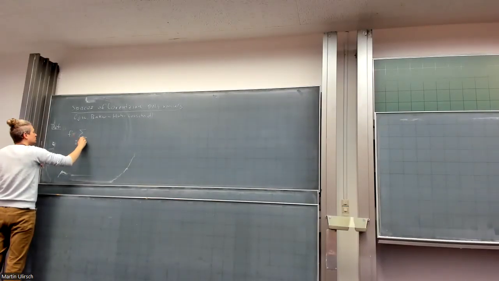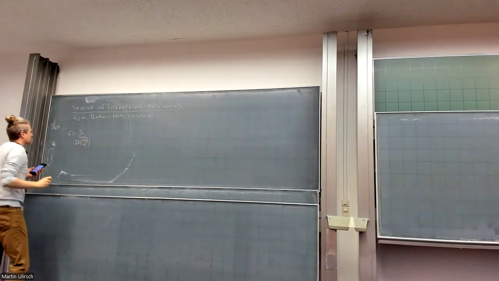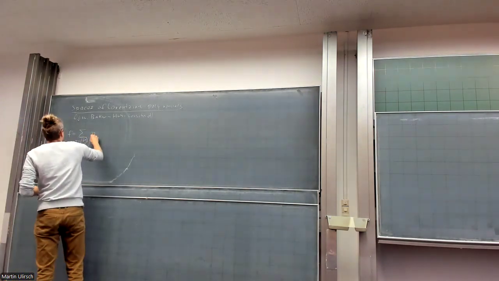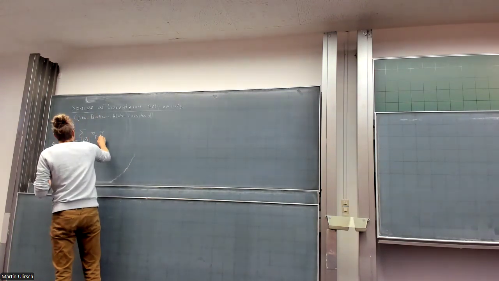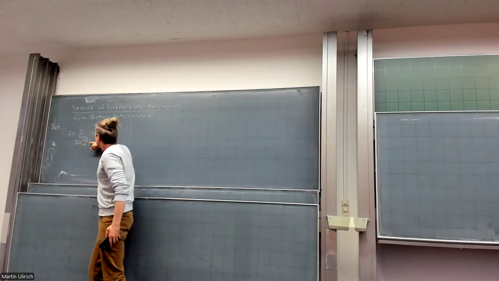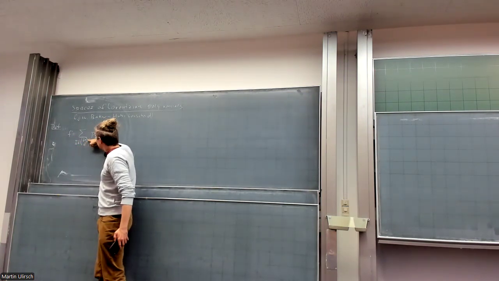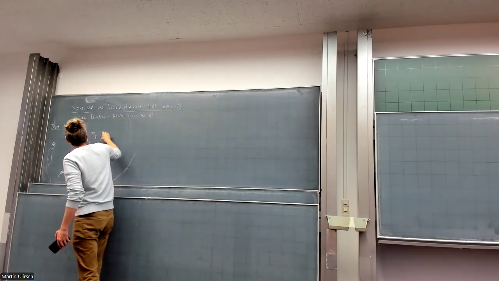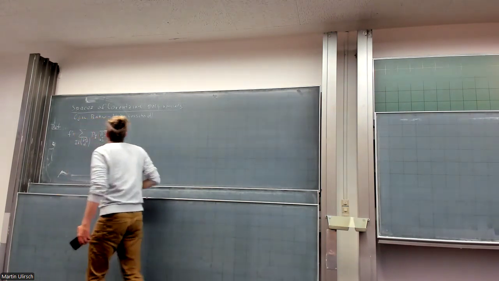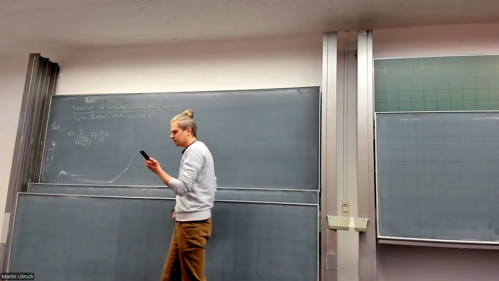Multi-affine homogeneous polynomials. So we have some coefficients indexed by d-element subsets of the set 1 up to n. And these are the coefficients of the corresponding square-free monomials.